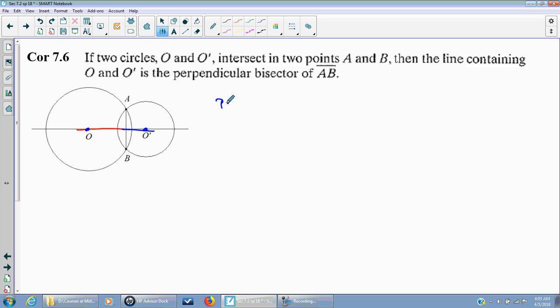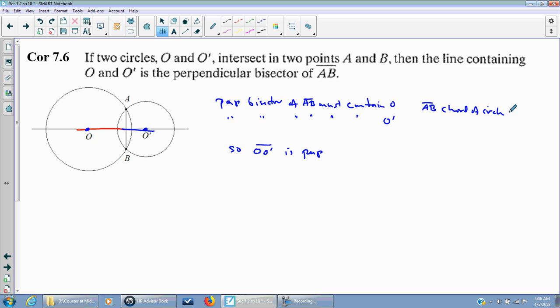Let me write something down here. The perpendicular bisector of AB must contain O because AB is a chord of circle O. Okay, and the perpendicular bisector must contain O prime because AB is a chord of O prime.